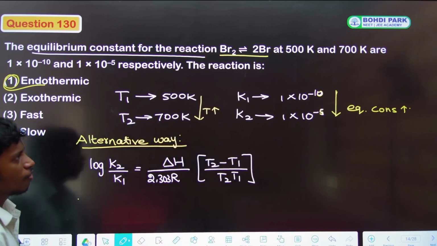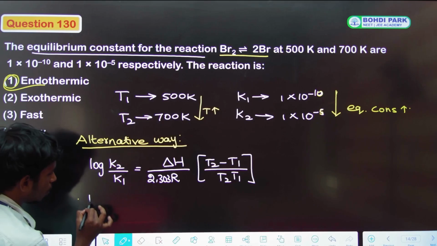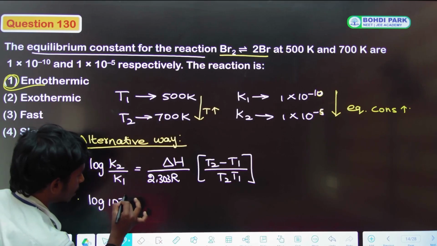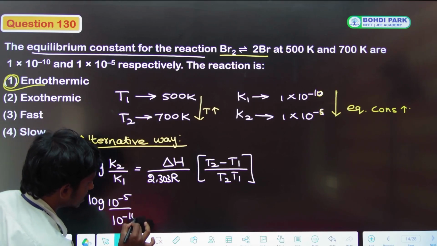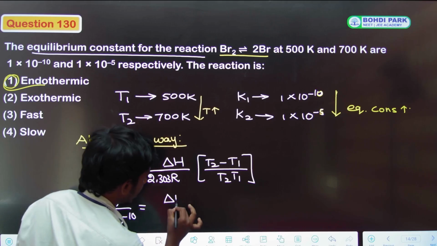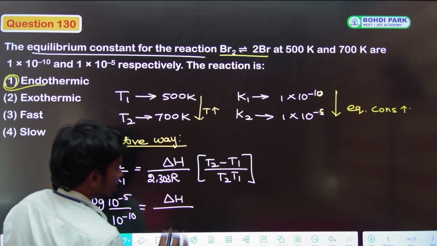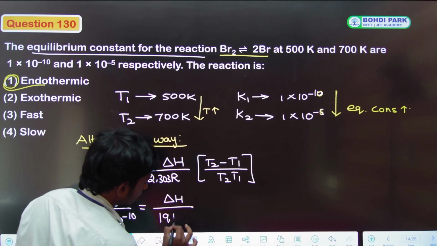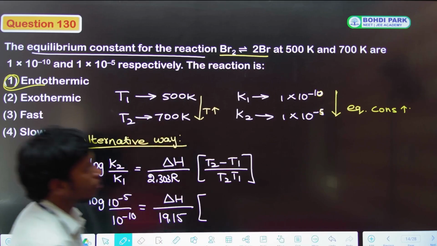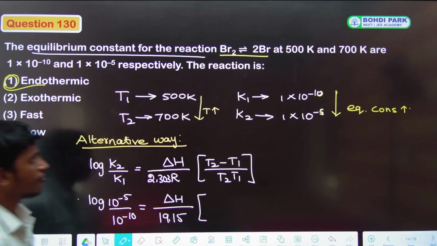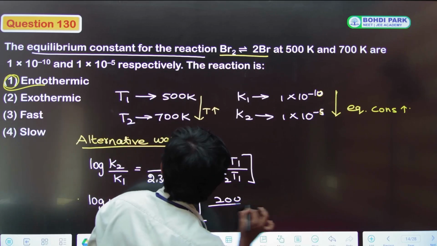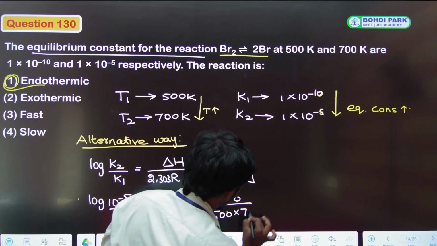Okay? Log of 10 to the power minus 5 divided by 10 to the power minus 10 is equal to delta H divided by 2.303 into R, that is 19.15, into T2 minus T1. T2 is 700, T1 is 500. So 200 divided by 500 into 700.